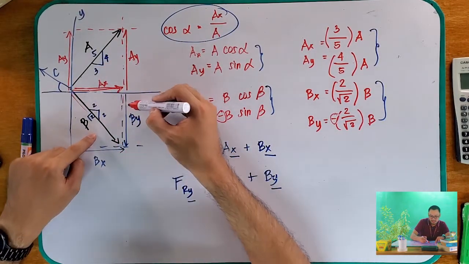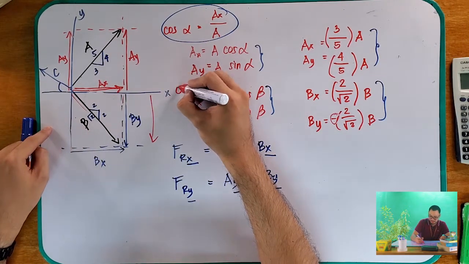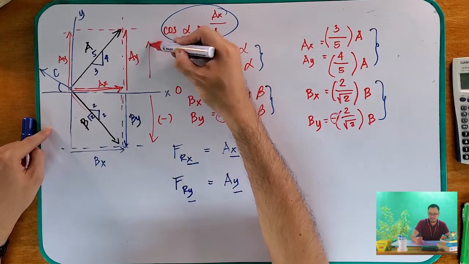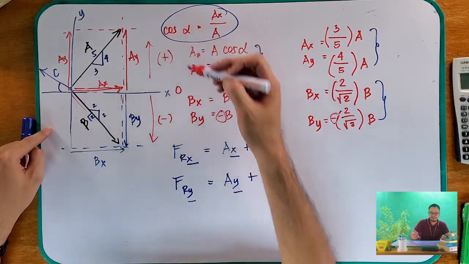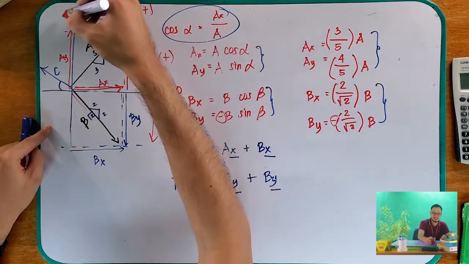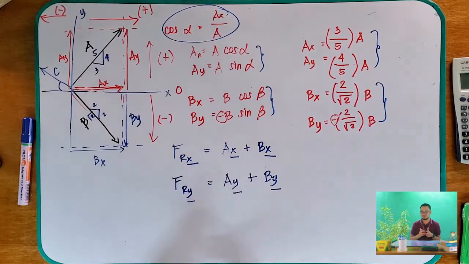This is going down. And again, if it's going down, it should be negative. If it's going up, it should be positive. If it's going right, it should be positive. If it's going left, it should be negative.